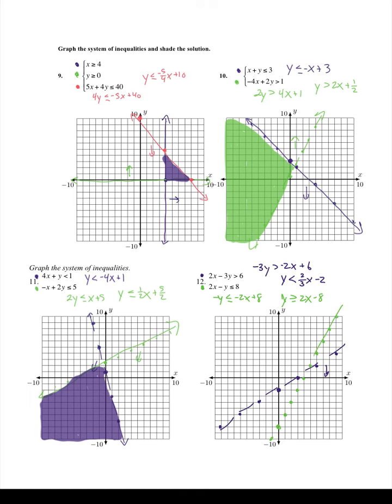Solid line, and we're going to shade up. So above the green line, below the purple line, is going to be that section, the skinny section, down in the bottom left.